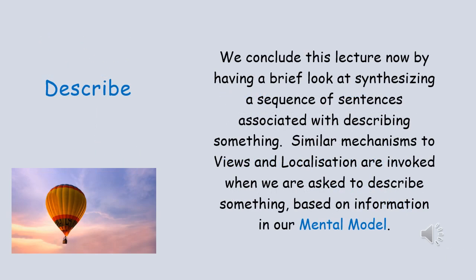We can conclude this lecture now by having a brief look at synthesizing a sequence of sentences associated with describing something. Similar mechanisms to views and localization are invoked when we are asked to describe something based on information in our mental model.